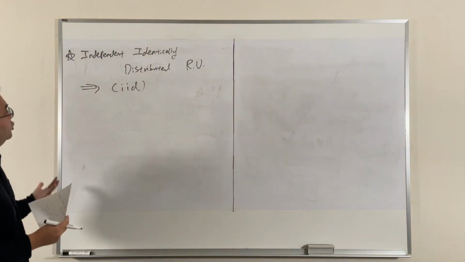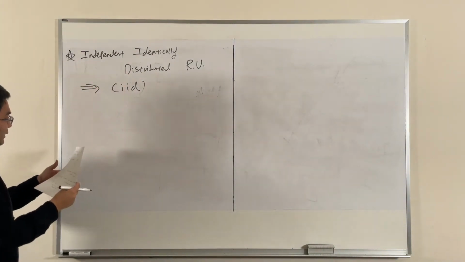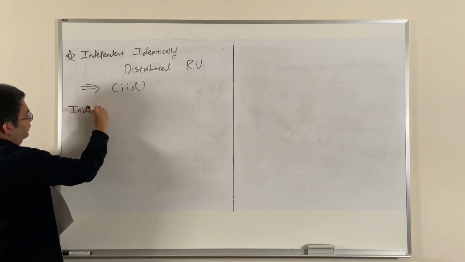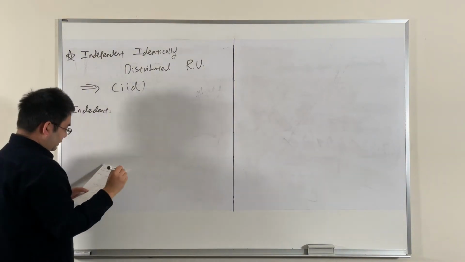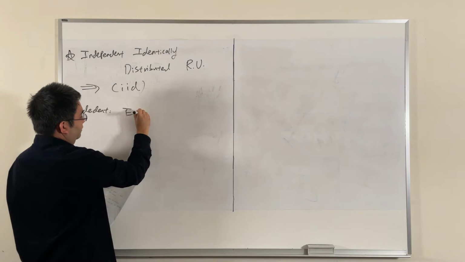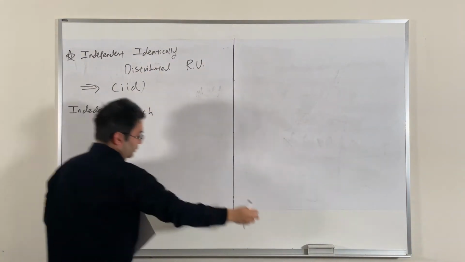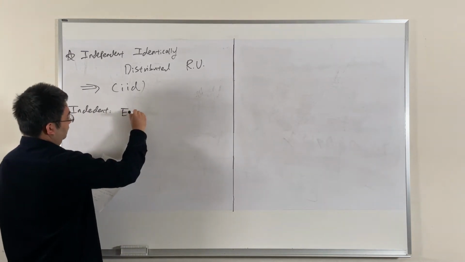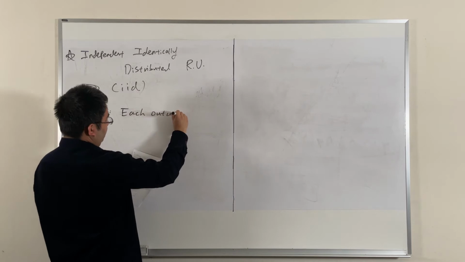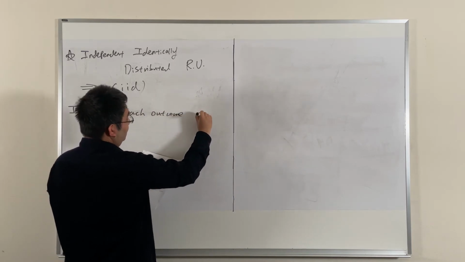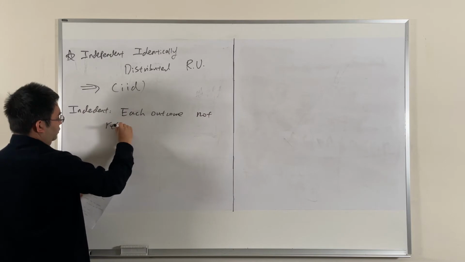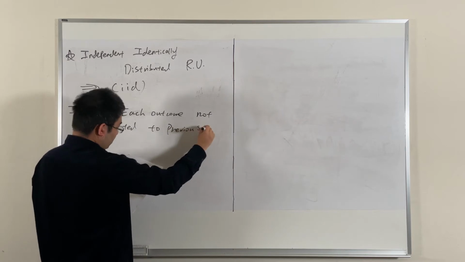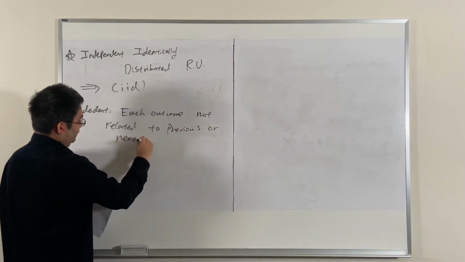Now let's talk about each single term and what it means. Independent. The term independent means each outcome is not related to previous or next outcomes.